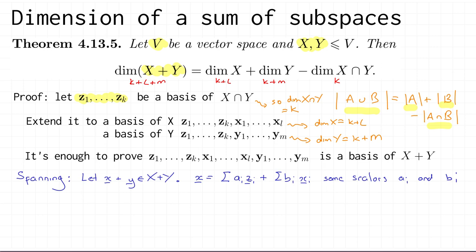Similarly, y, being an element of capital Y, can be written as a linear combination of the elements of our basis for Y, so it should be some linear combination of the z's and of the y's.